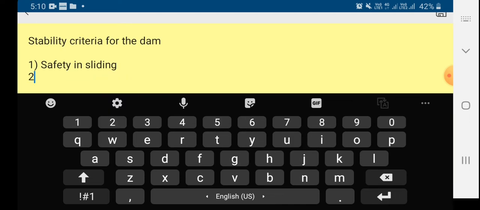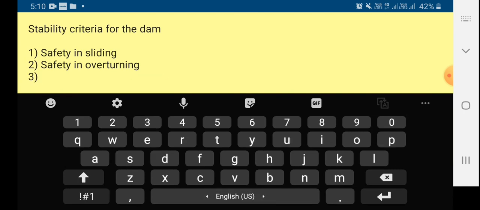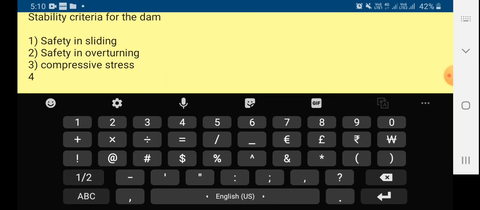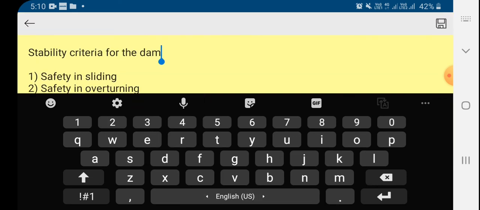Second, safety in overturning. Third, safety against compressive stress. Fourth, safety against tensile stress. So those 4 things we have seen today in this module.